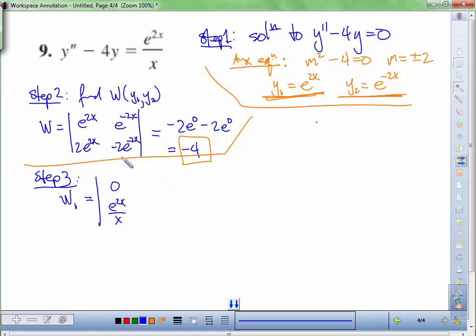And then I'll keep the same column for the second one, e to the negative 2x, negative 2e to the negative 2x. And what is this going to equal? Well, this is going to be 0 minus e to the 2x over x times e to the negative 2x, and this is going to be negative 1 over x.